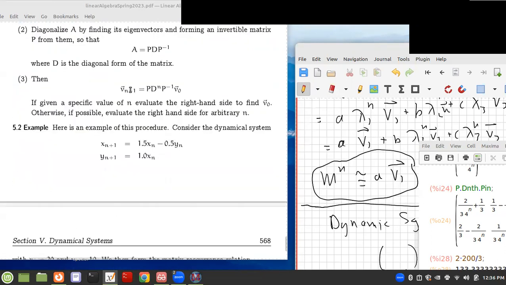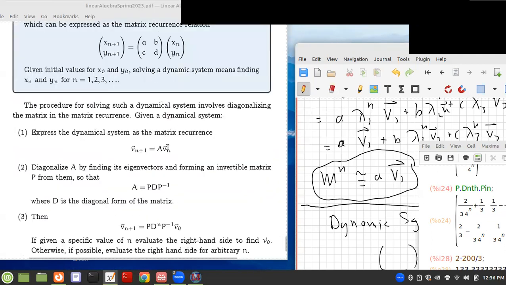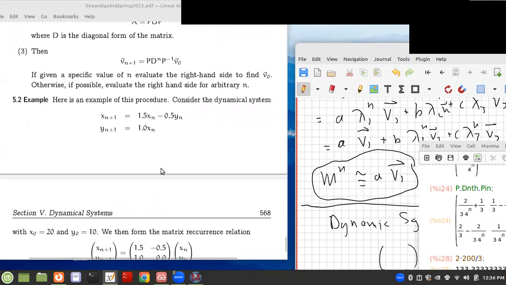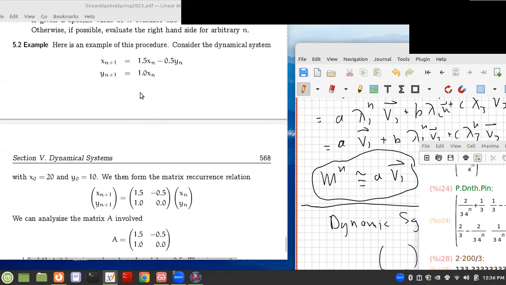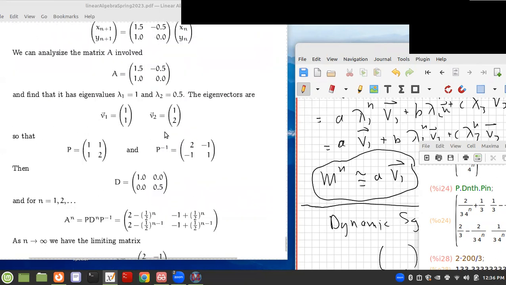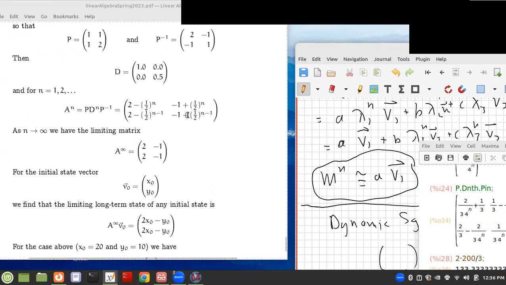So it's the same procedure of looking at the power of a matrix using eigenvectors and a similar matrix. Here's an example where you give a dynamical system, it finds the eigenvectors and D, finds the state, and you find that this is the final state, and if you go to infinity, it has this pattern.